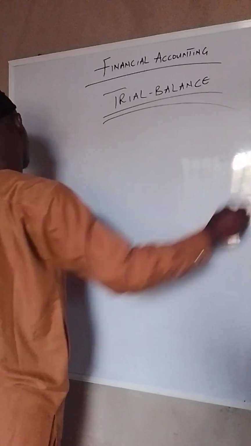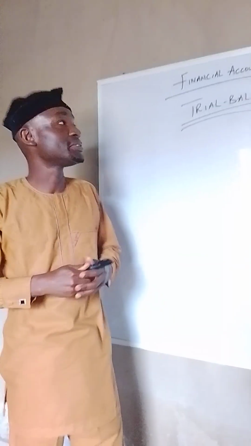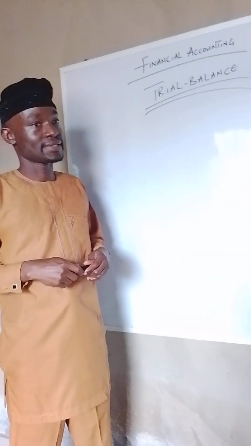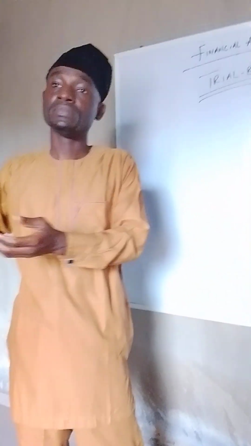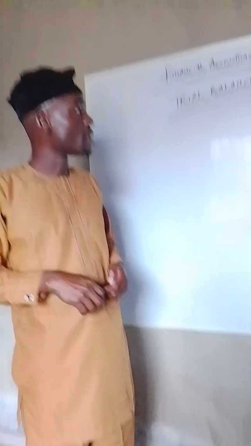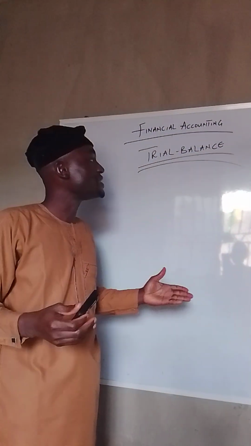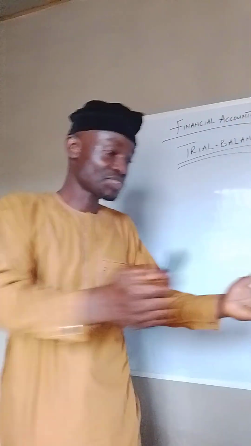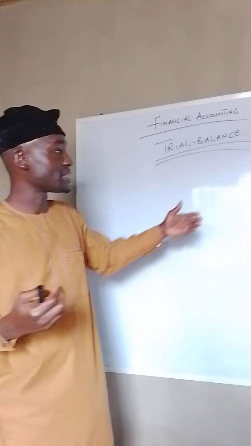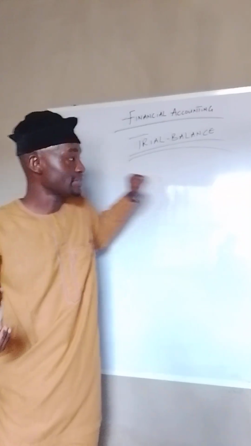It's very simple. Now, when we are talking about trial balance, it simply means an extraction of balances from ledger to prove the arithmetic accuracy of double entry principle. What we mean by extraction is what you take out from the balances of ledger.